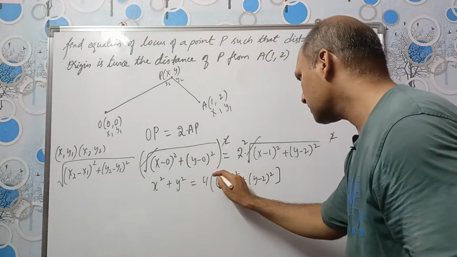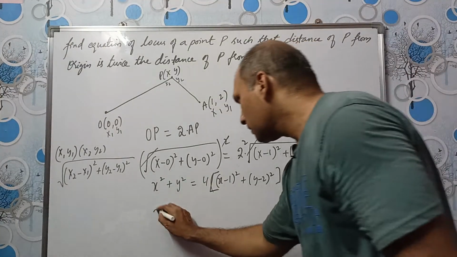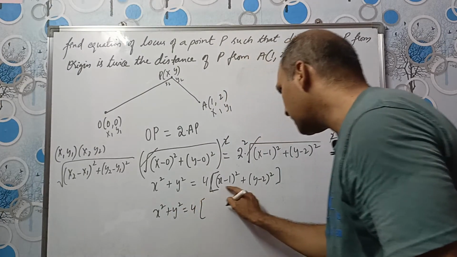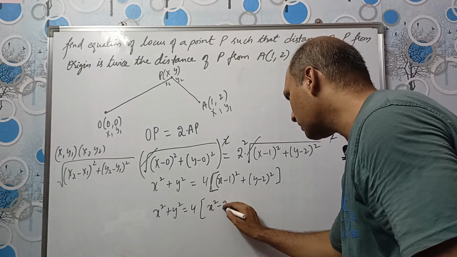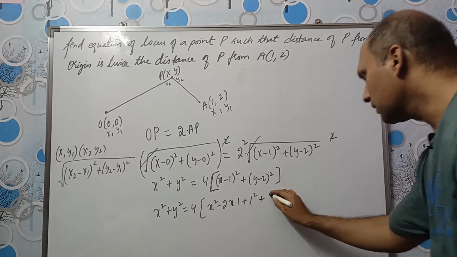Let us write this in brackets. So we have x square plus y square is equal to 4 times, a minus b whole square formula: a square minus 2 into a into b plus b square, same formula here.